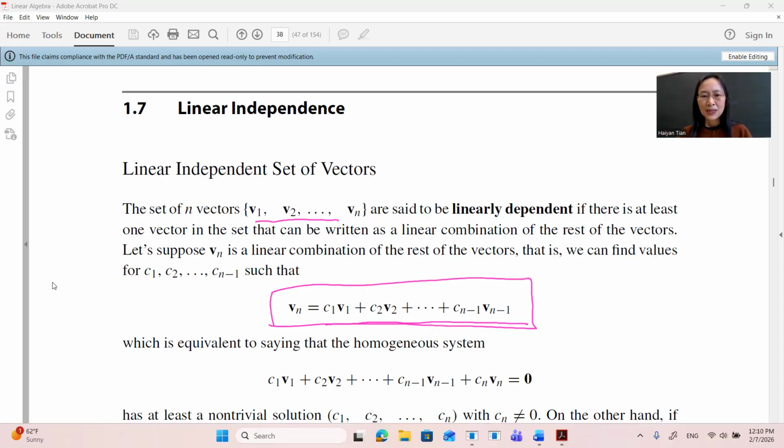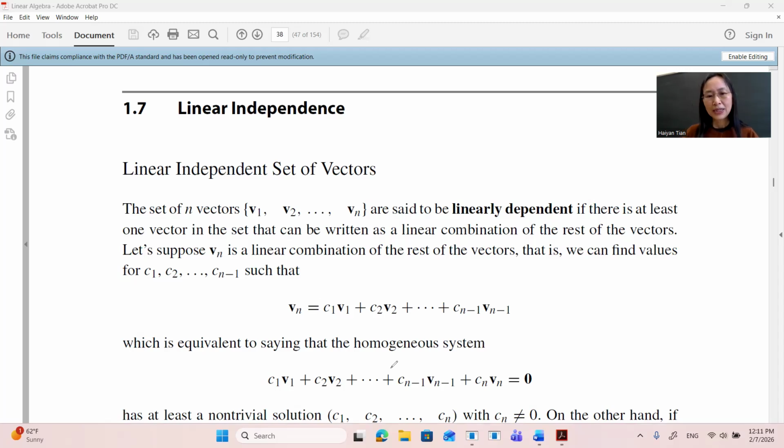That means, immediately, if we write a system, let's associate this in the vector form. If I write a system, these n vectors are given, so I can write v1, v2, vn, and then equals 0.